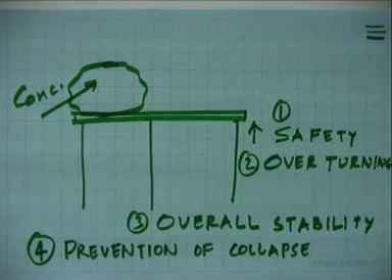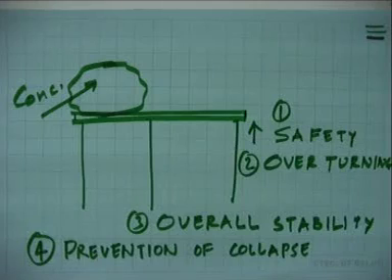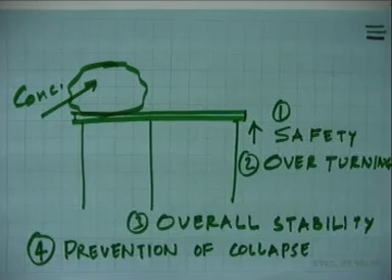Because many a time you will find that poor design results in many of these consequences, such as a collapse of your formwork, and then the whole concrete may be wasted, and sometimes it may even endanger your workers, supervisors. So any formwork design must take care of all these 4 aspects.